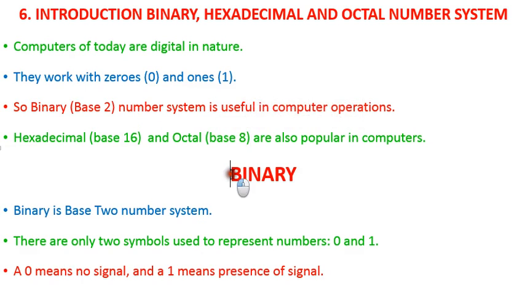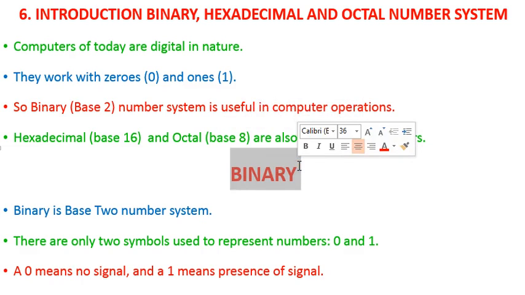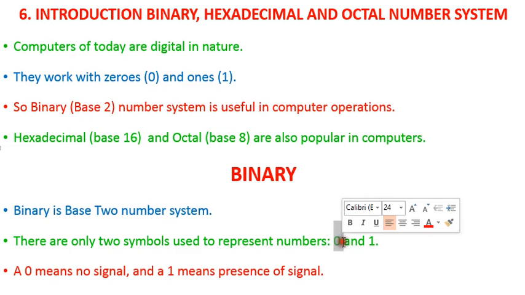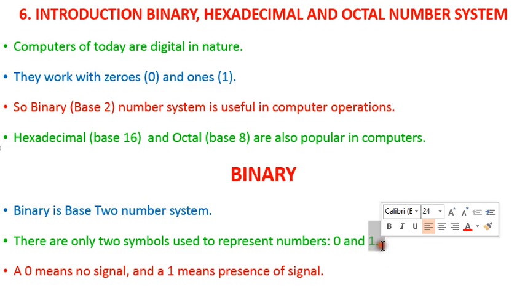Now we start with the binary number system. What is a binary number system? The binary number system, as I have already said, is a system of numbers that has two symbols, and these two symbols are either 0 or 1 and nothing more.